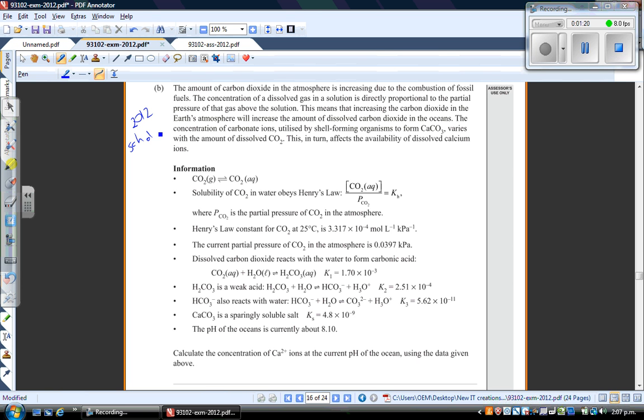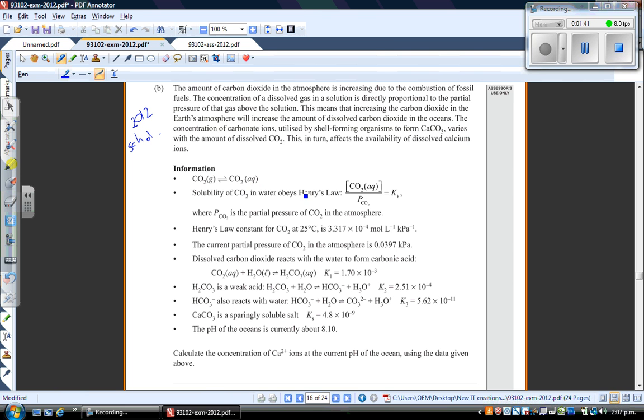So I'm going to use all the information that I can from the text at the beginning as well as from the bullet points to try and build a scaffold to help me approach this question. So we'll read on down through the information here. You have an equilibrium equation here for carbon dioxide gas going to aqueous carbon dioxide.